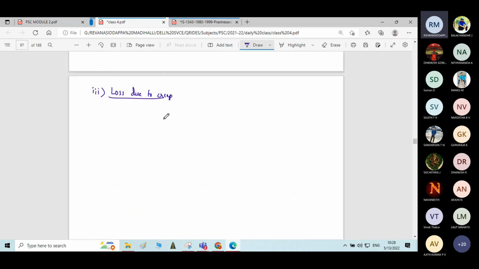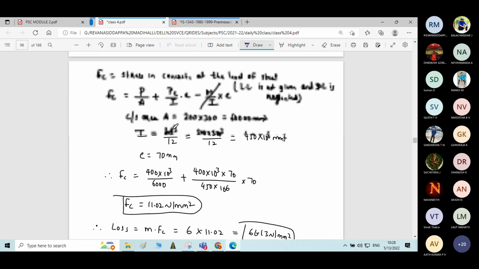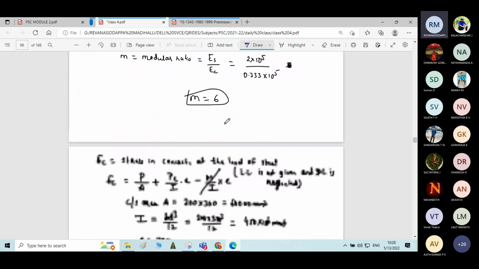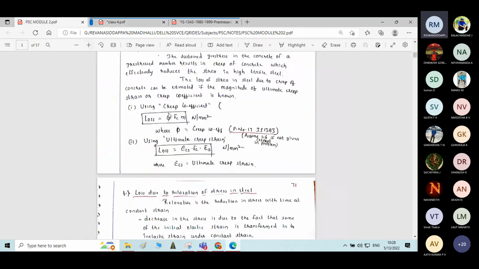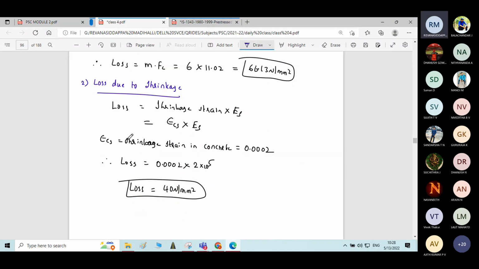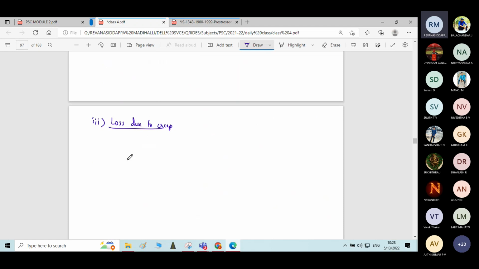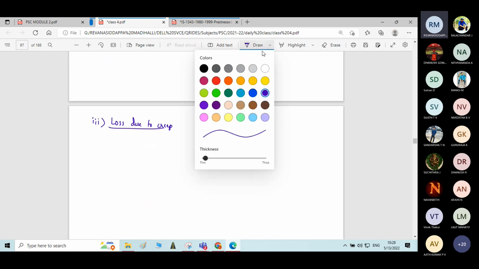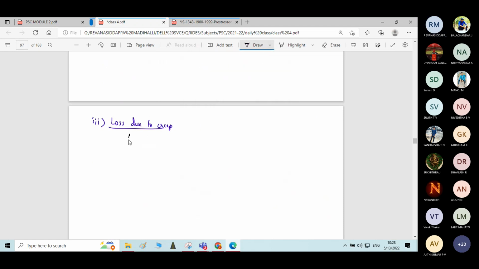Here in the problem, what is given? Creep coefficient is given. So you need to utilize this first formula, phi FCM. Therefore, loss due to creep is calculated as phi FCM.